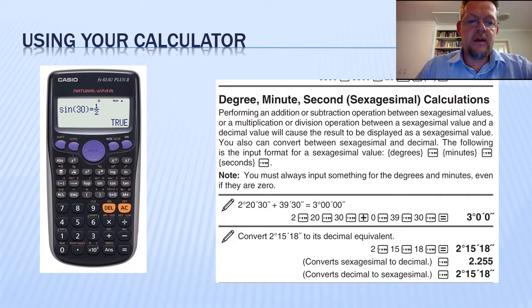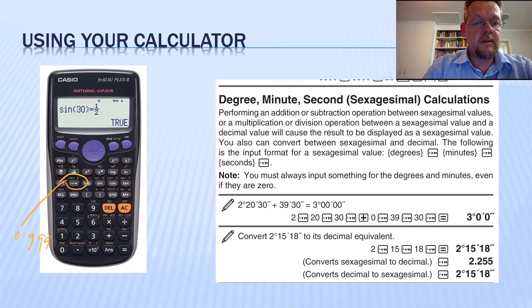Now it's going to be a lot easier if you just use your calculator, and the magic button for your calculator is this one here. Now degrees is obvious, it's the circle, one apostrophe I should say is for minutes, and the double apostrophe for seconds.